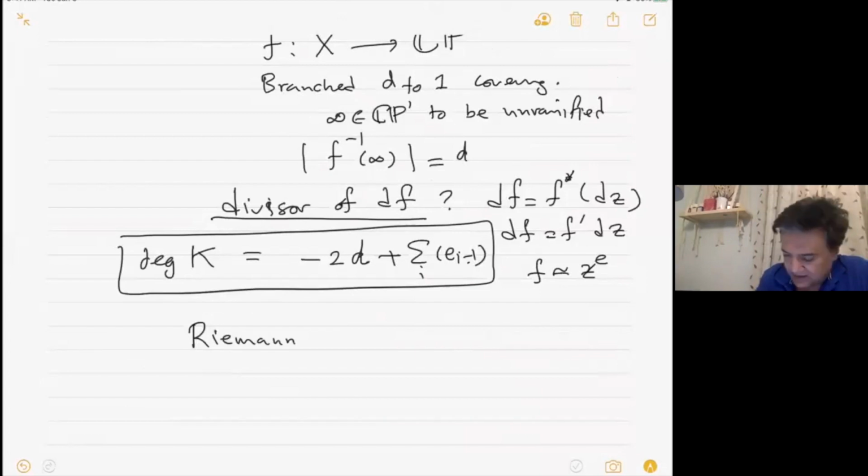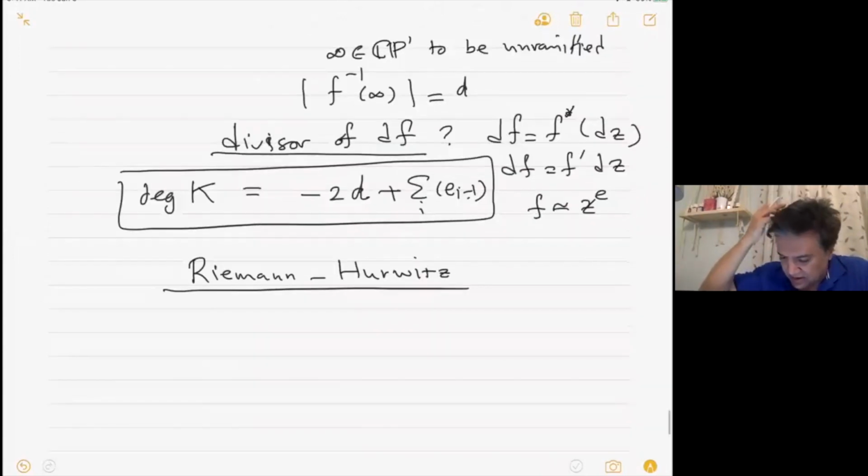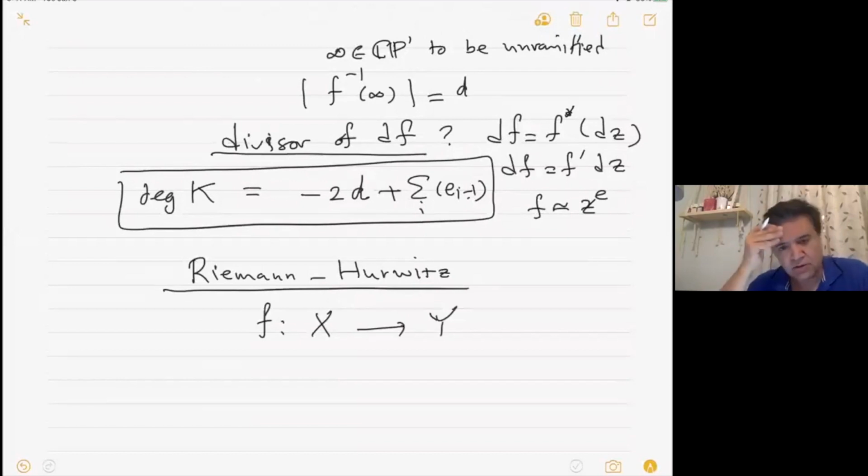You have probably already seen this formula in your topology courses, but it is actually intuitively simple. Suppose you have, let me do it in a more general way, a branch, not a branch, so suppose it is a real honest covering map of degree d.